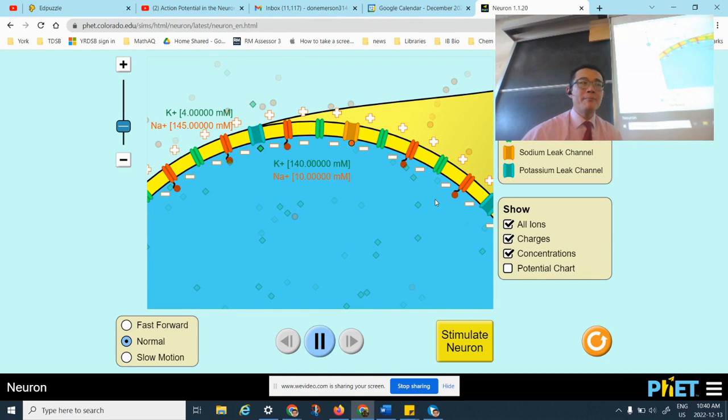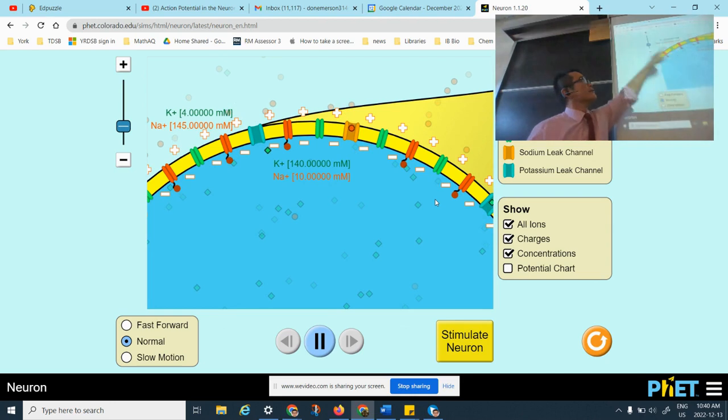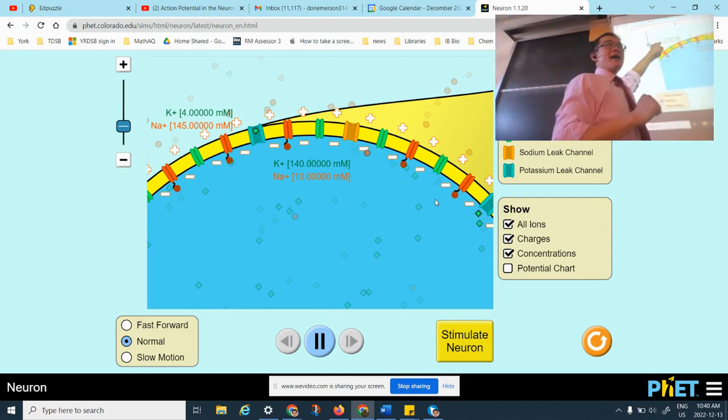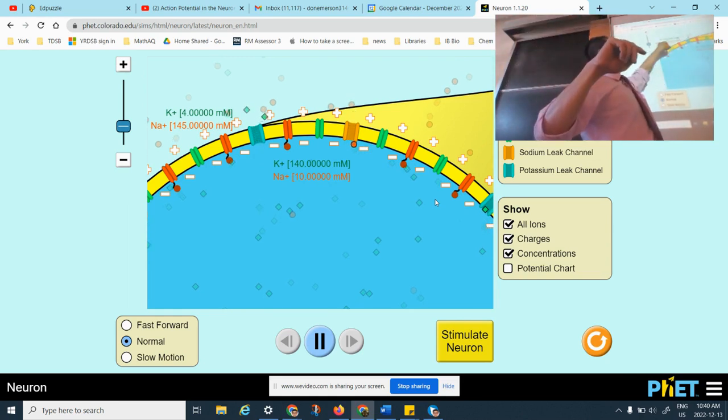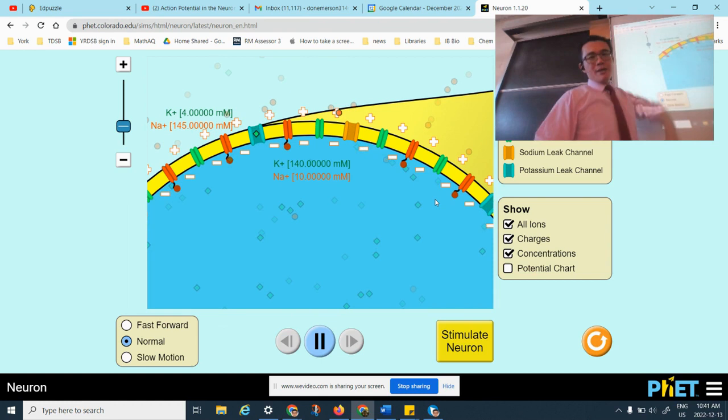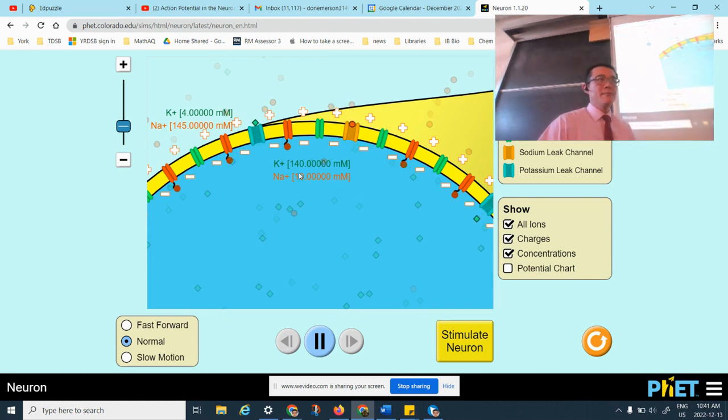So sodium potassium pump, how many sodium to what direction? Yes. 3 sodium ions out, and how many potassium where? Yes. 2 potassium inside, okay? So hence, you have way more sodium outside and potassium inside, okay?